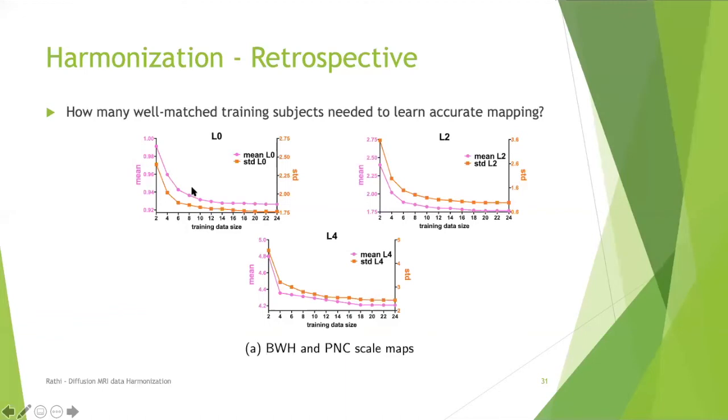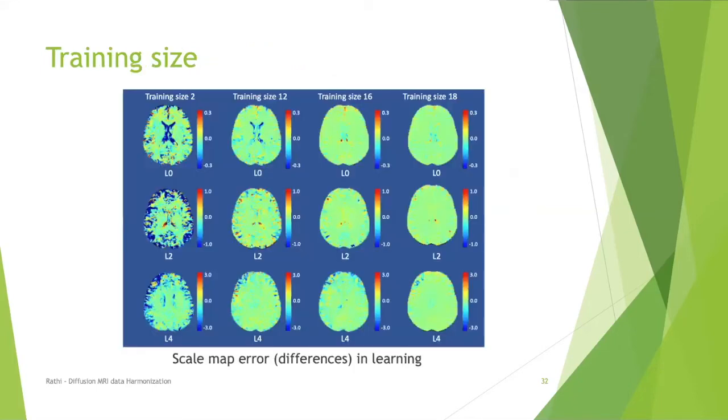As you can see, these numbers converge to a certain point, and pretty much about 14 or more well-matched subjects are required for learning this mapping between the 2 sites using these linear maps. We tested this with multiple different data sets, and more results are available in the paper.